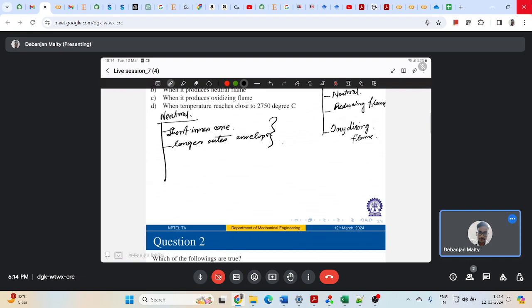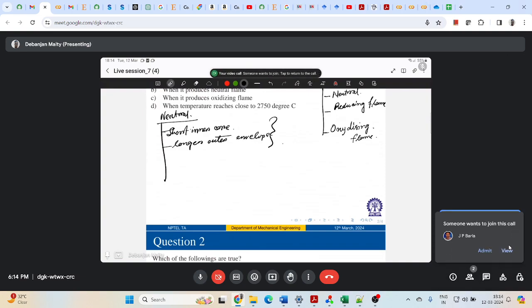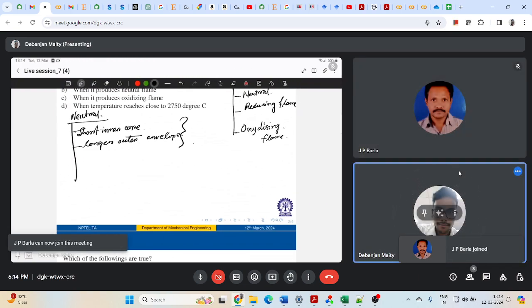I will write it down. The formation of carbon dioxide and vapor is the secondary combustion. Because of primary combustion, carbon monoxide and hydrogen are always generated, and two-thirds of the heat is generated there. Because of the secondary combustion, one-third of the total heat is generated in the outer envelope.